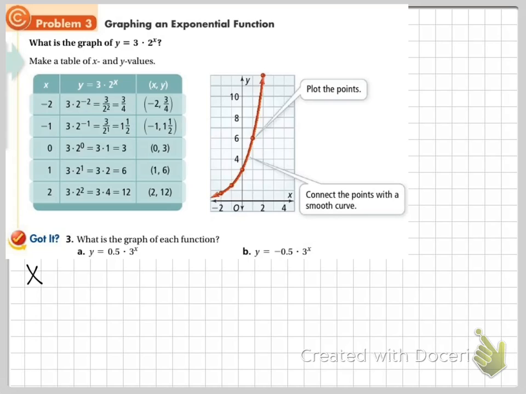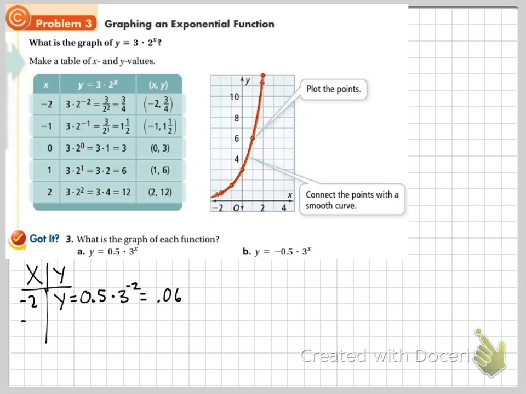So x and y, plug in -2. Well, that's y equals 0.5 times 3 to the -2, which gives us about 0.06.